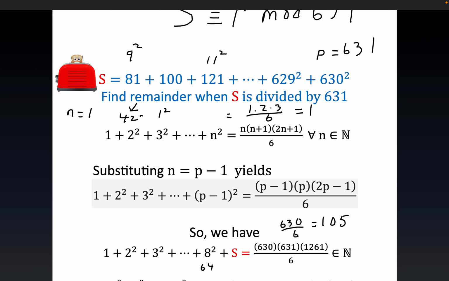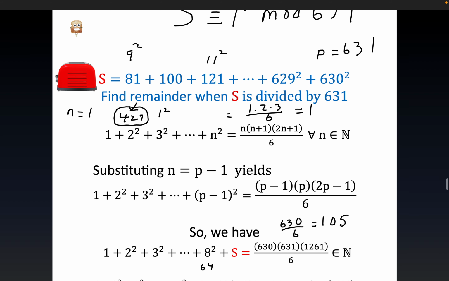Again, y'all, even after all this time being familiar with modular arithmetic, it's still amazing to me. If you just take a breath here to realize how big this number is, right? 81 plus 100 plus 121, you're already to what? Is that 210 or something? Okay. And then you're adding up these huge squares. I mean, it's just amazing how large this number is.